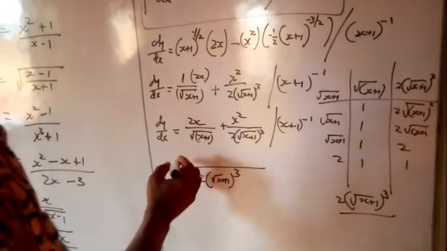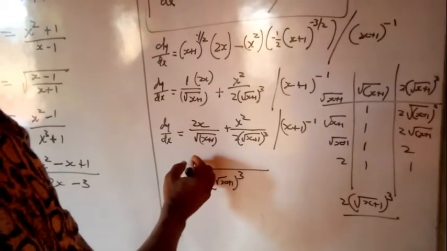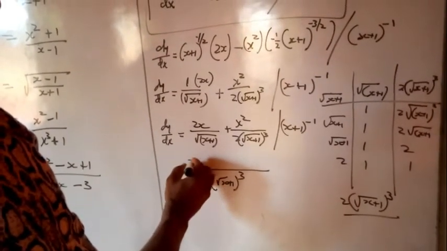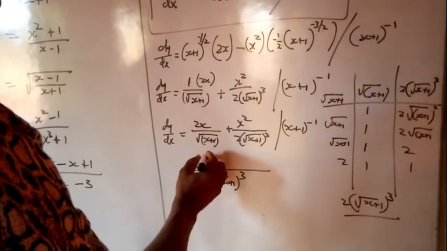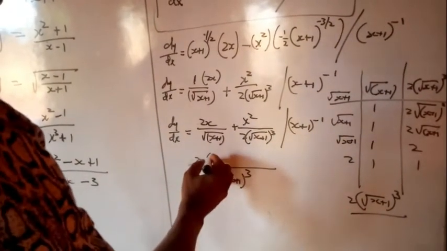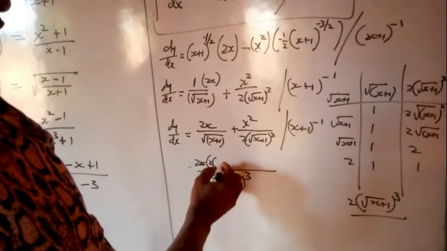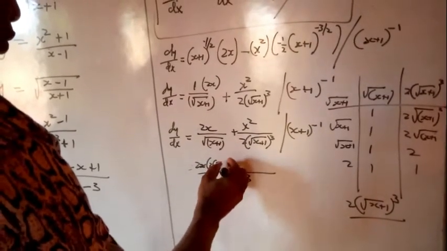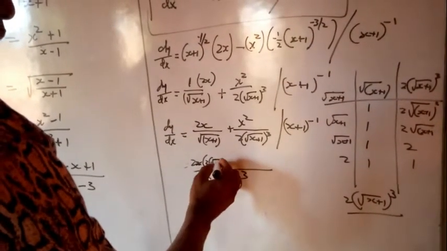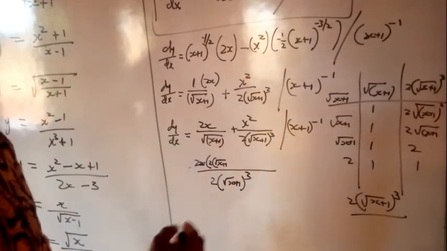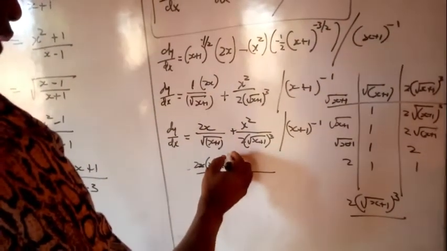So what you are going to have is 2x into 2 into root x plus 1 raised to power 2.